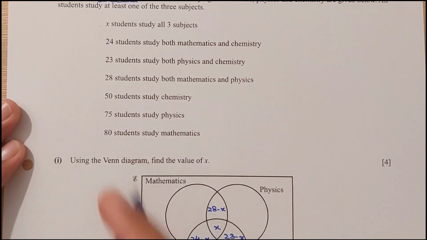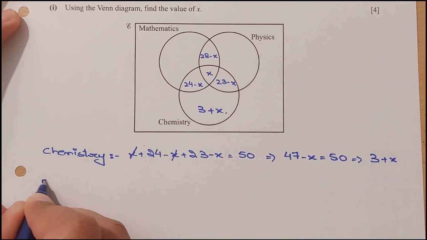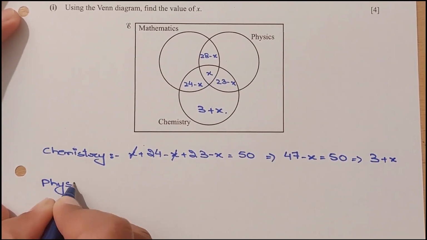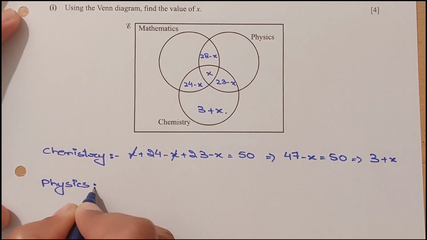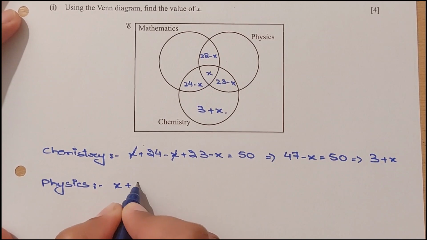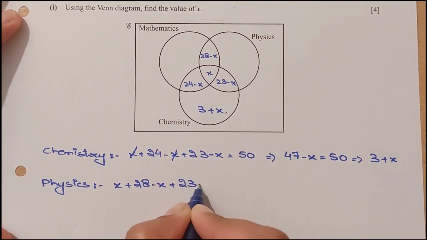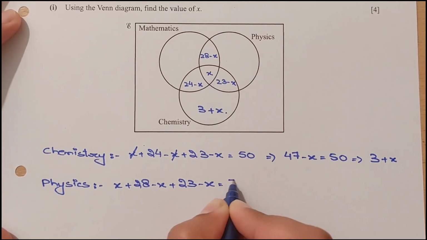The next information is 75 students study physics, so the total is 75. Let me solve for physics now. Physics is X plus 28 minus X plus 23 minus X, and this total is 75.